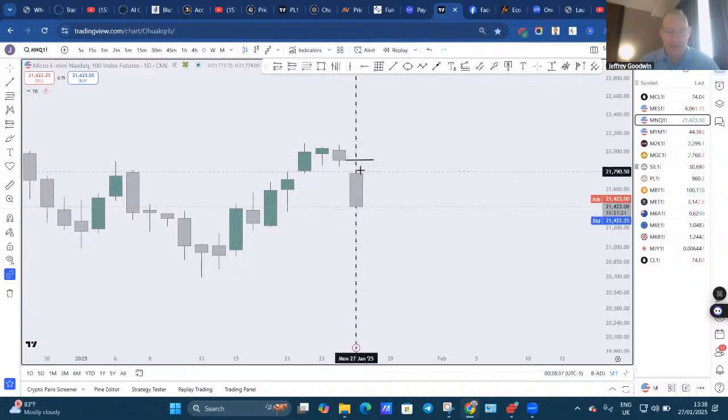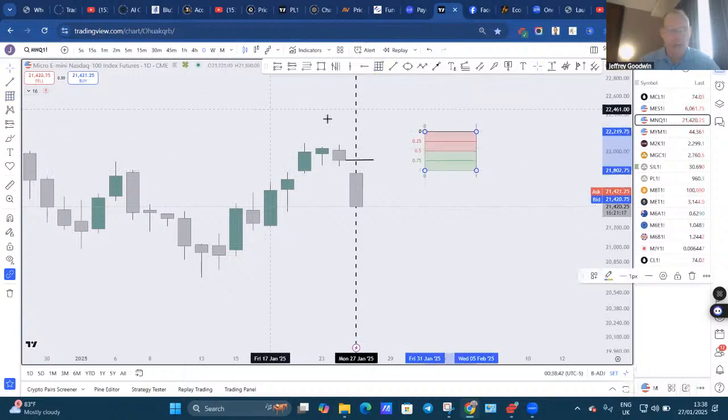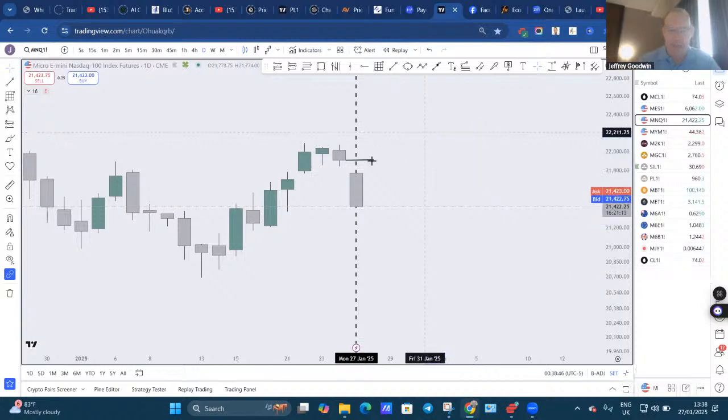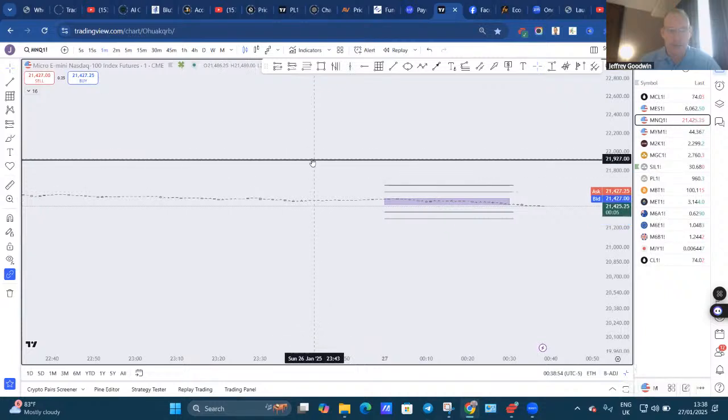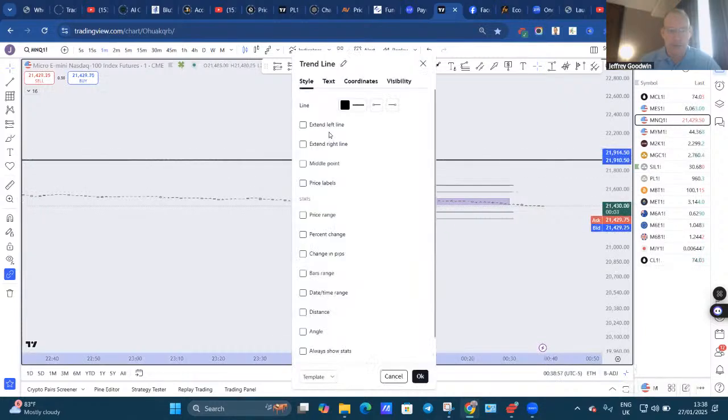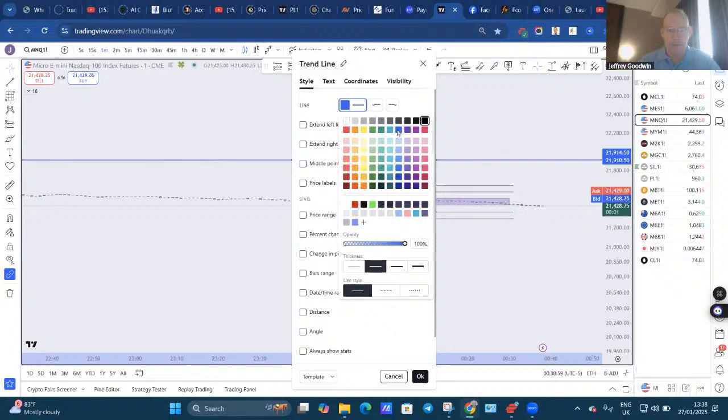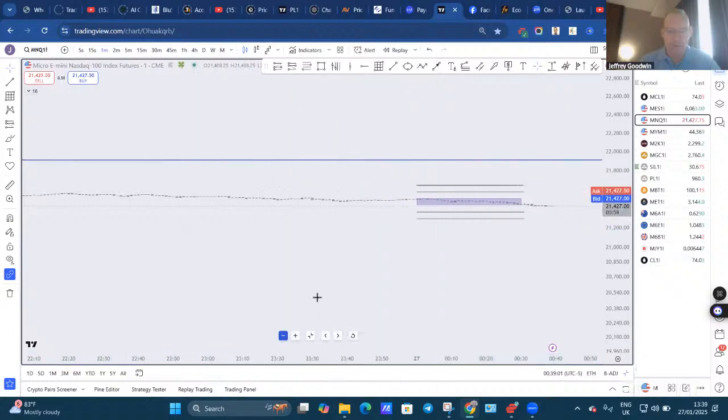So I'm just going to check my fib settings. I will go down to the 1 minute later on for that. I'm aware of that. In fact, why don't I just do that now? Just save any hassles there. And I should have made this blue. I like this blue, ladies and gentlemen.